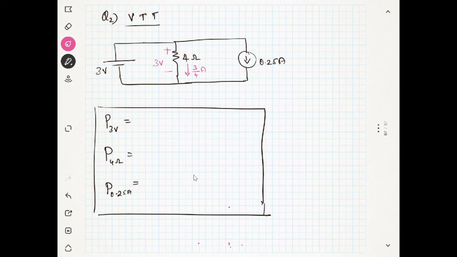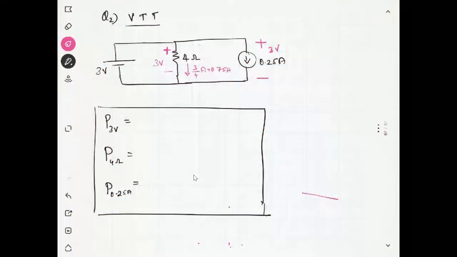Am I correct? Yes, since this is 3 by 4, it is nothing but 0.75 ampere. 3 by 4 is 0.75. And you know that this voltage is positive across the 4 ohm resistance. So the voltage across the current source will also be 3 volt. I hope that is clear to you.